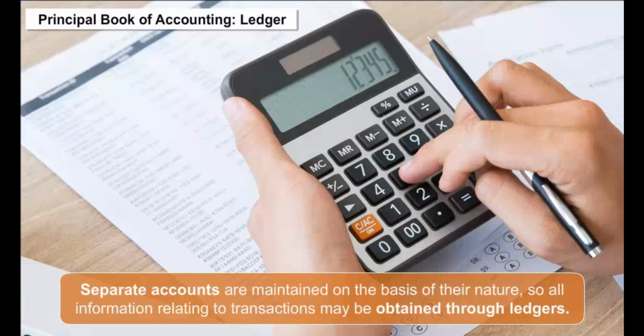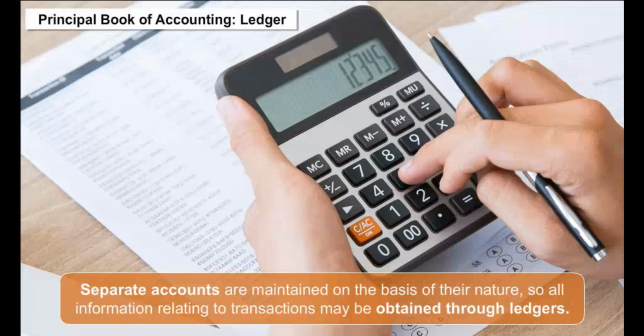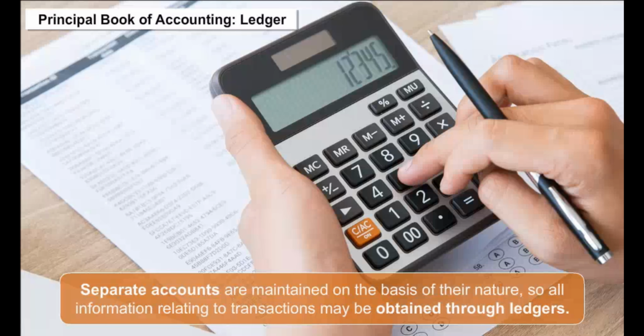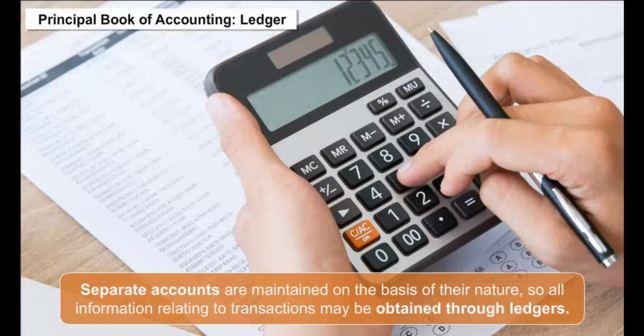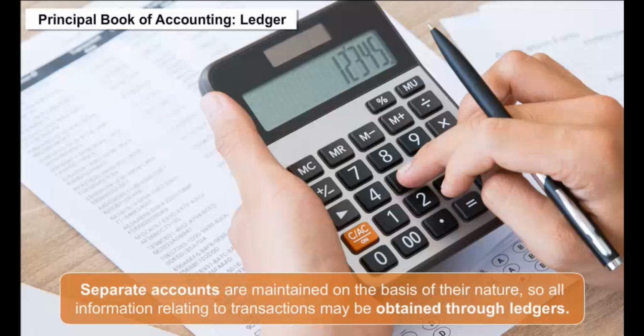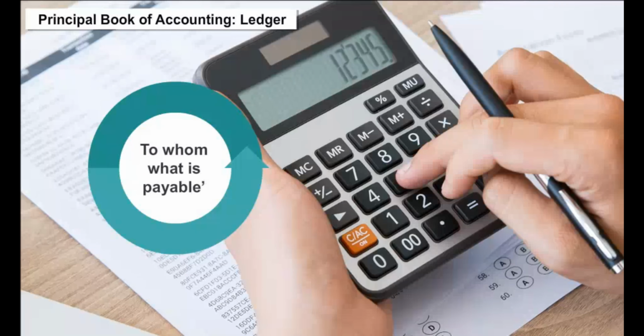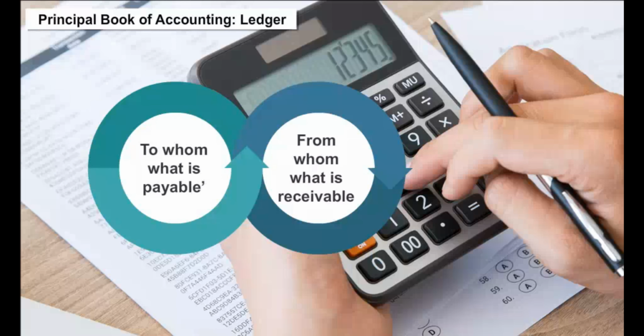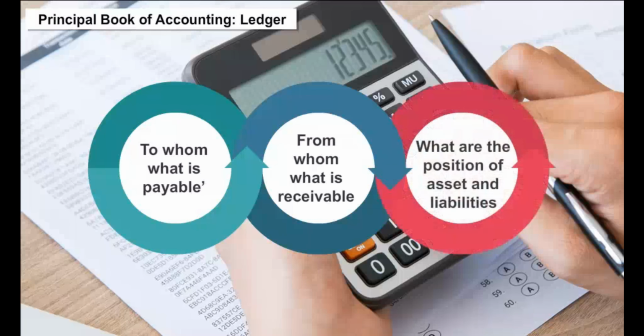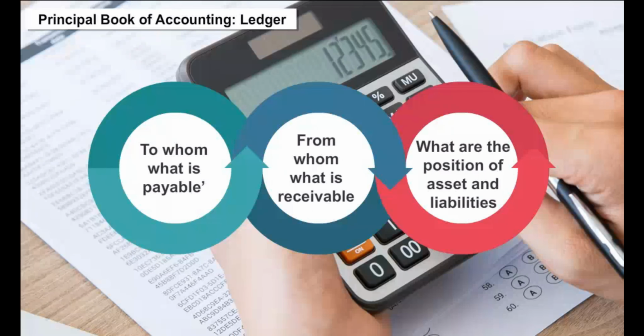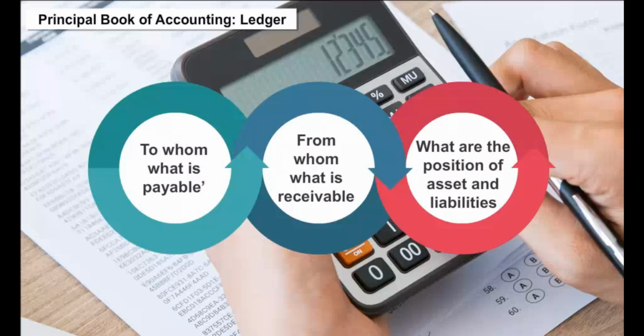Separate accounts are maintained on the basis of their nature, so all information relating to transactions may be obtained through ledgers, such as to whom what is payable, from whom what is receivable, and what is the position of assets and liabilities of the business.